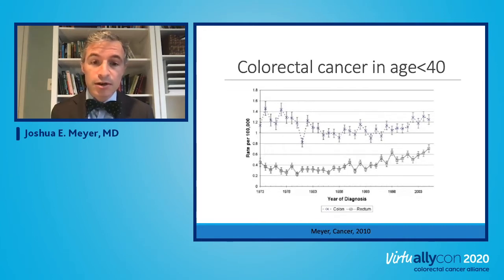You can see here that the colon cancer graph is on the top. If you start looking in the mid-1980s, you can see the incidence is rising through the years up till about 2005. If you look at the rectal cancer graph below, you can see that it is rising even more steeply.